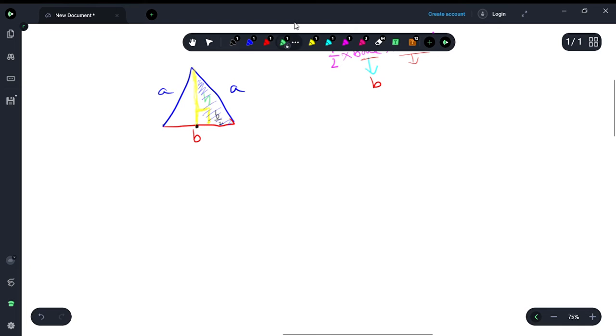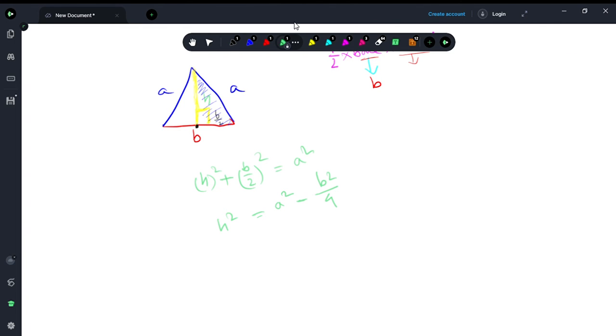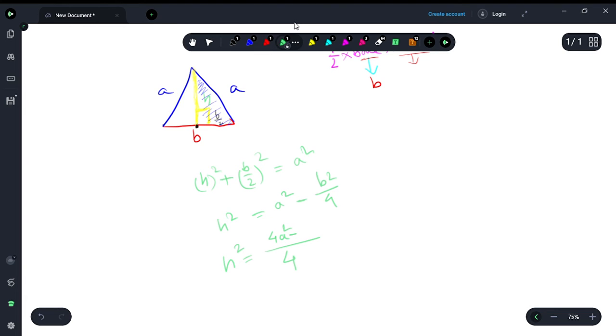Pythagoras here would be H squared plus (B divided by 2) squared equal to A squared, or H squared equal to A squared minus B squared divided by 4, or H squared equal to (4A squared minus B squared) divided by 4.